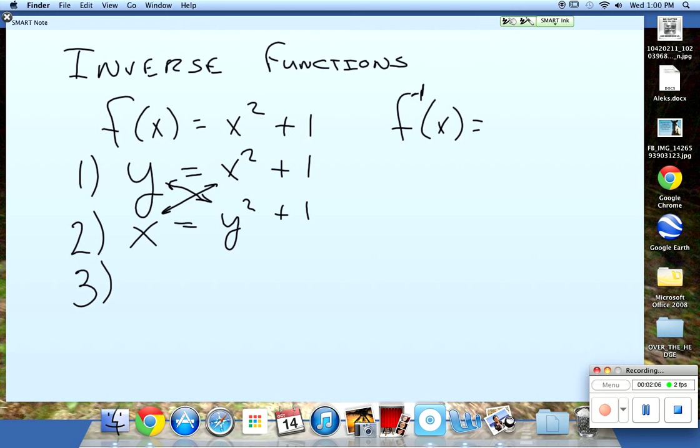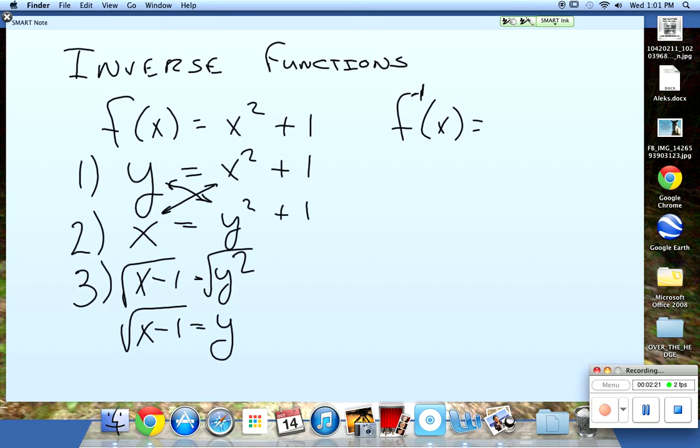So in this case, I'm going to bring my 1 over, so it's x minus 1 equals y squared. I'm going to square root both sides, and the square root of x minus 1 equals y. Now I'll replace that with f inverse of x, and I can say my inverse function to f of x is the square root of x minus 1.